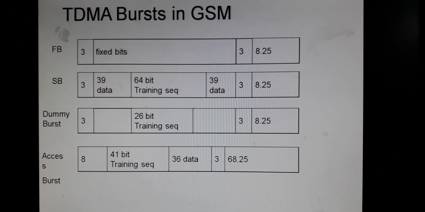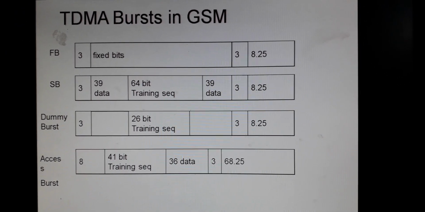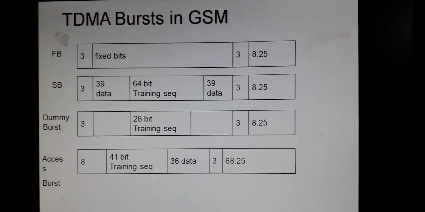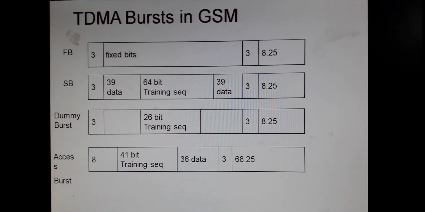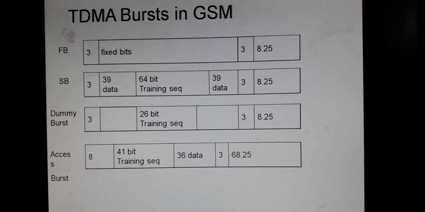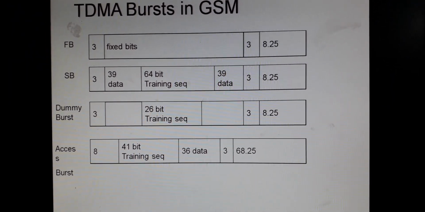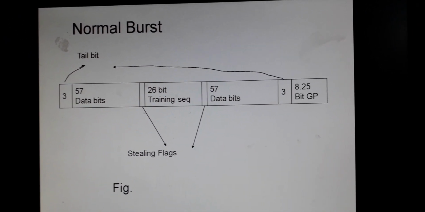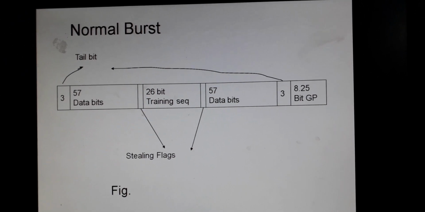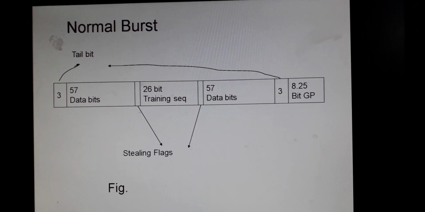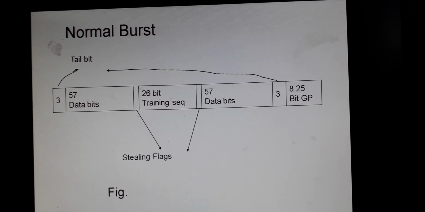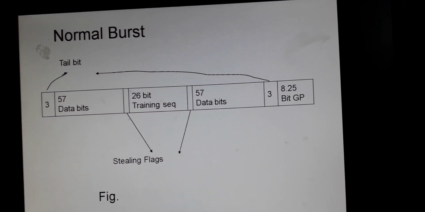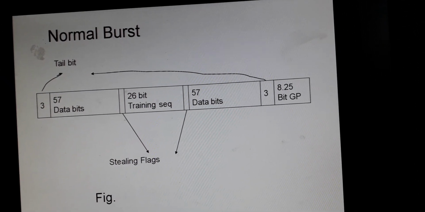Here is one more time I am showing you the frequency burst, 3 tail bits, 8.25 guard pair bits, synchronization burst, dummy burst, access burst, normal burst. The normal burst is very important. Actual voice communication data will be put in these two sides of 57 encrypted bits, followed by 2 flag bits.